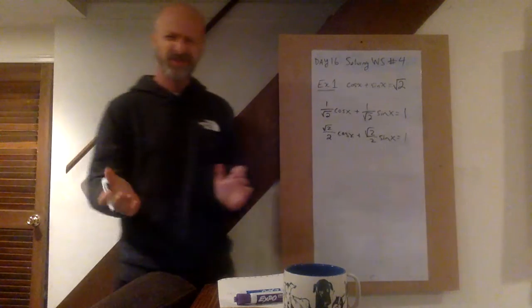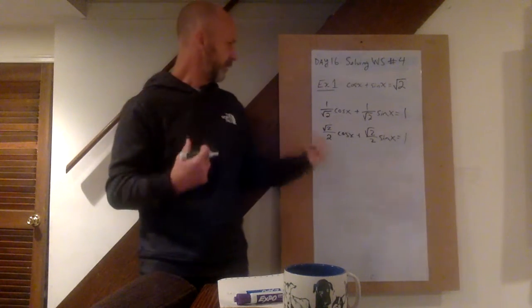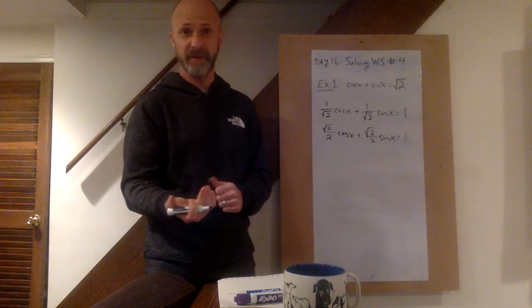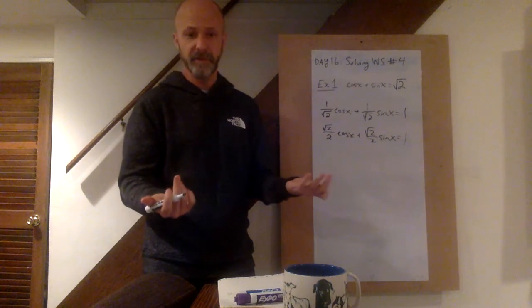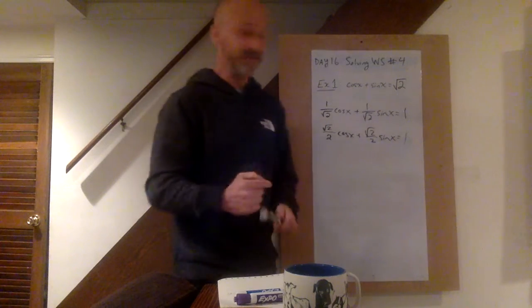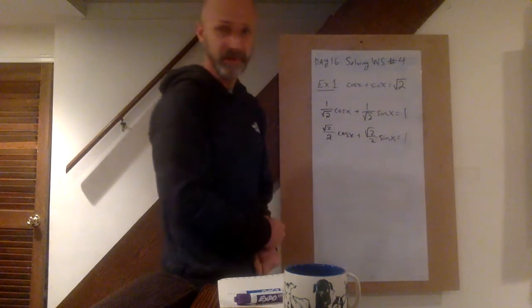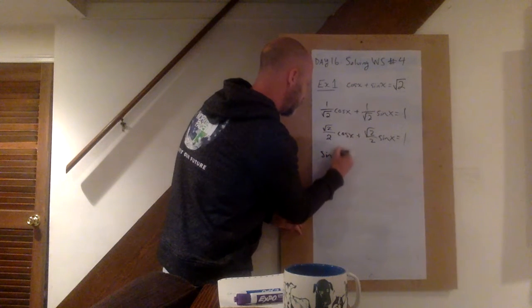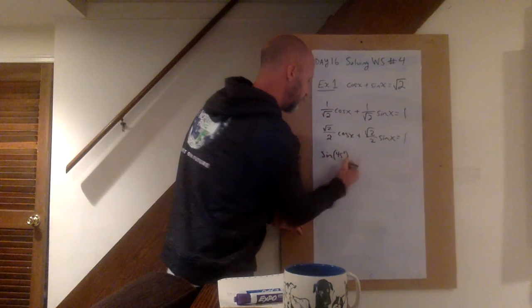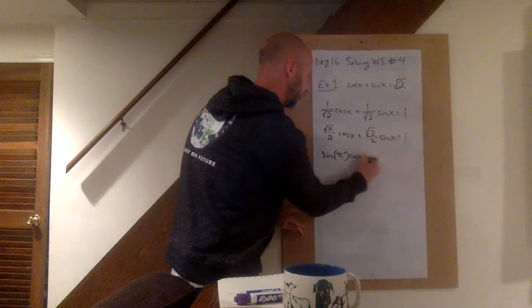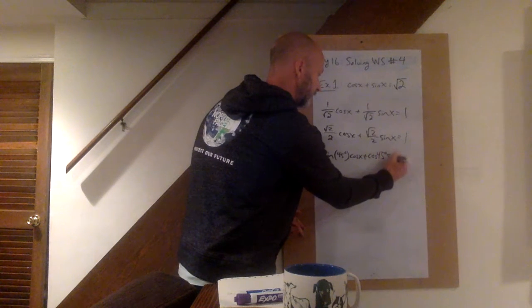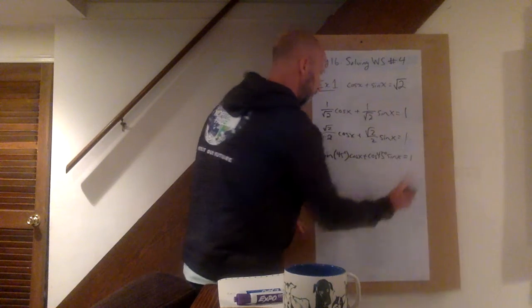Okay, and now I also know the reason that I'm so familiar with root 2 over 2 on the unit circle is because that's sine of 45 degrees, or cosine of 45 degrees. So I'm going to substitute those into my equation here and here. So I would write this as sine of 45 degrees times cosine of x plus cosine of 45 degrees times sine of x equals 1.